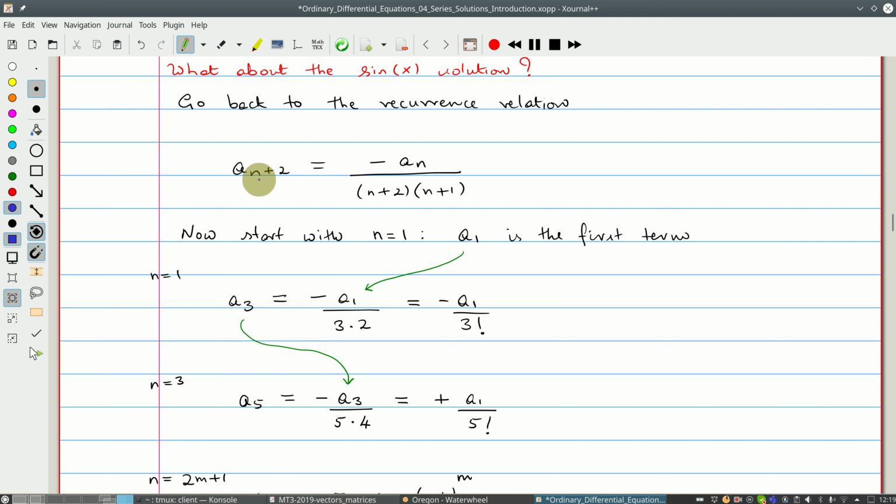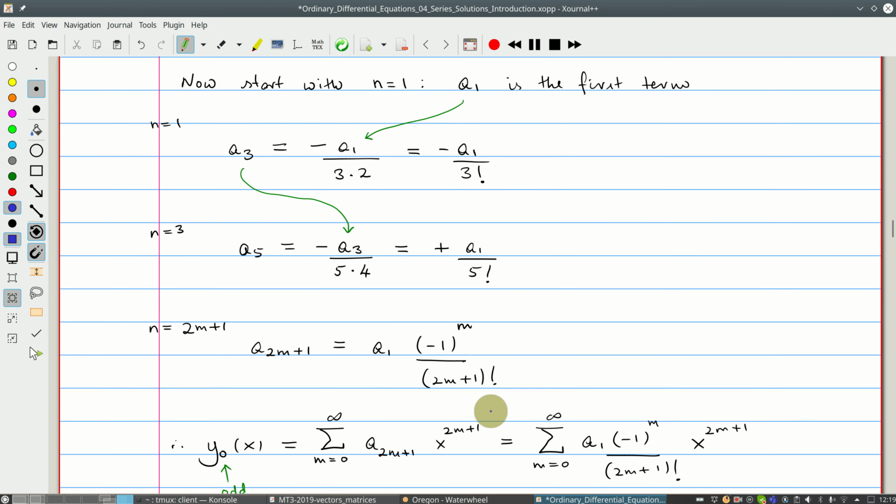If you put n equal to 1, this becomes a3 is equal to minus a1 divided by 3 times 2. And that's minus a1 divided by 3 factorial. Then you take this a3, put it in the right hand side. That means n is equal to 3, and you get a5 as plus a1 divided by 5 factorial.